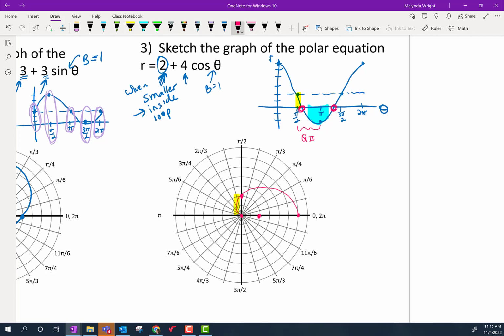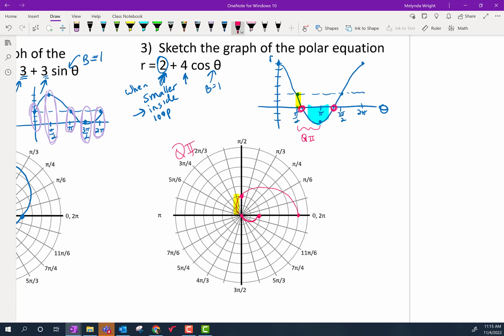But it's -r. So instead of being in quadrant 2, where is my graph actually going to be? Since r is negative, in 4. It's going to shoot me across to 4. So that's why I've got this curve right here.